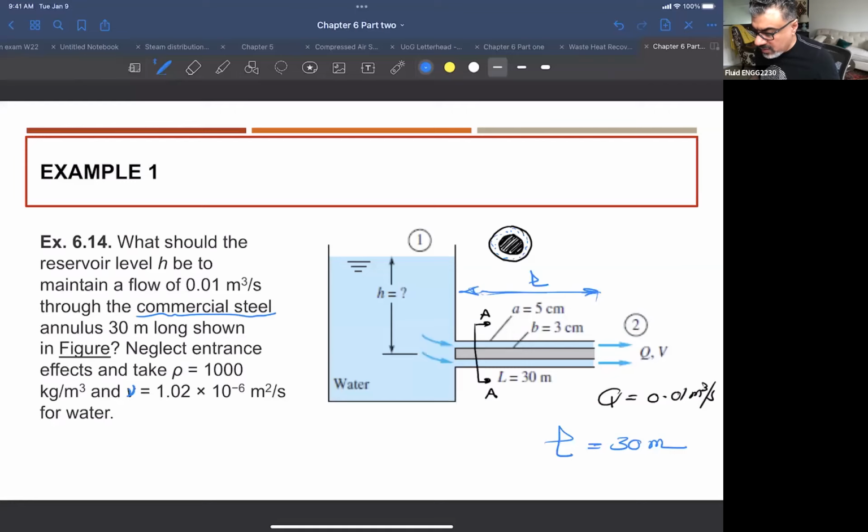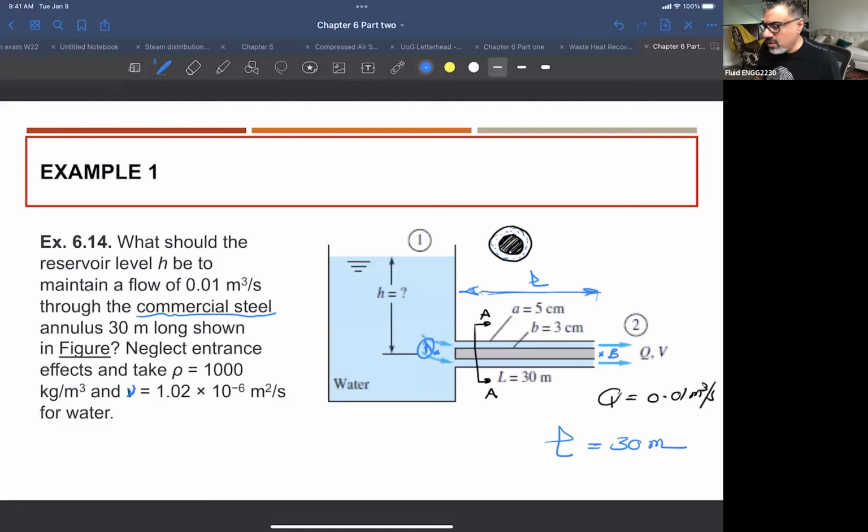So what will H be in this case? If I put the Bernoulli equation between point A and point B, point A is inside the tank and point B is just at the exit.